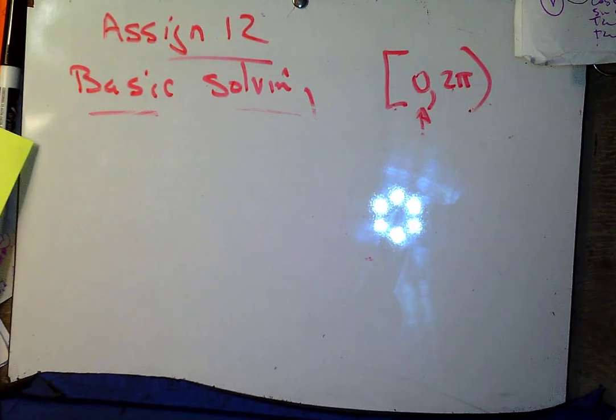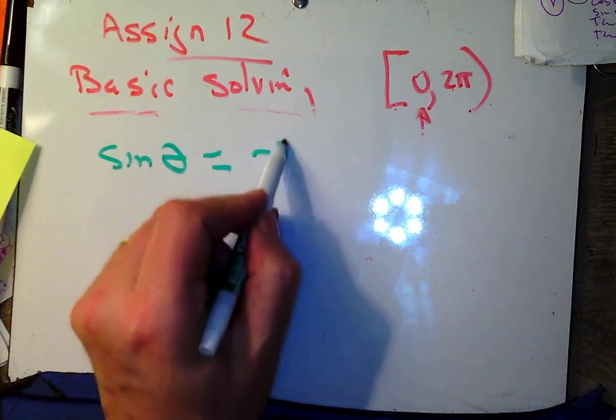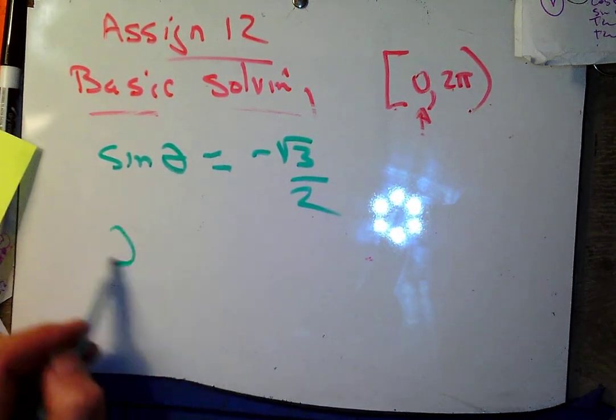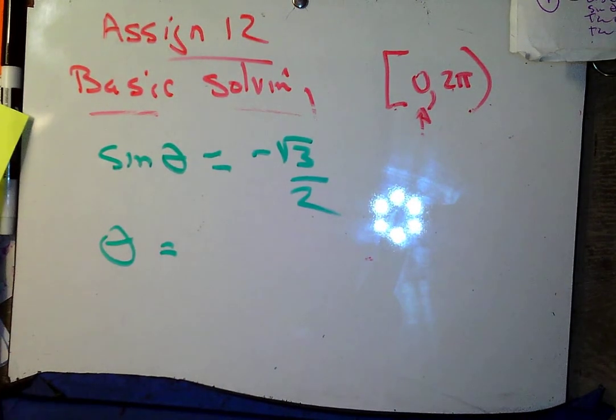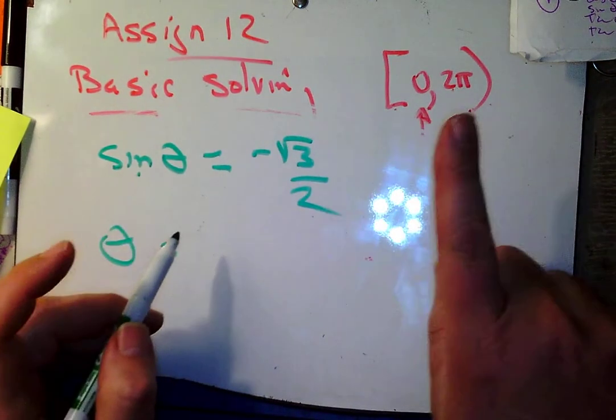So think about your unit circle. Sine of theta equals -√3 over 2. What's theta equal to? 5, 4, 3, 2, 1. Well, sine is negative twice.